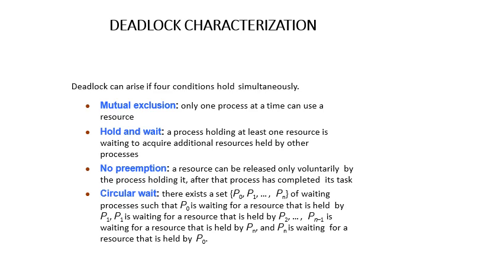This is called circular wait. Even P1 is holding its own resource and is still waiting for P2 to release the other resource held by P2. Until P2 releases the resources, P1 cannot complete its final execution. So this is all about circular wait. These are the deadlock characterizations.